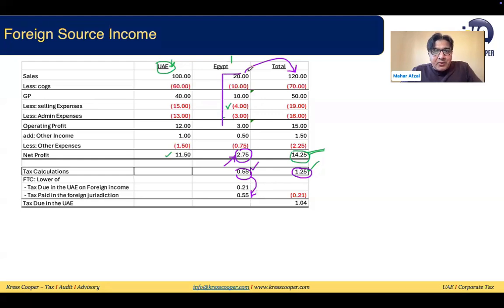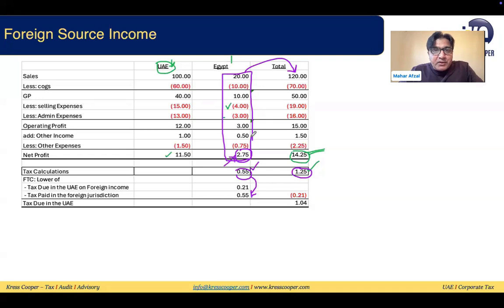We need to calculate the foreign source taxable income. And here in my calculation, I assume the provisions are the same. If the provisions are inconsistent, it might be that in Egypt the accounting provisions are inconsistent, you need to calculate the foreign source taxable income based upon the provisions of the UAE tax law.